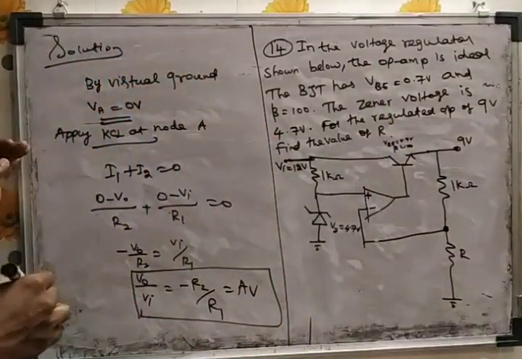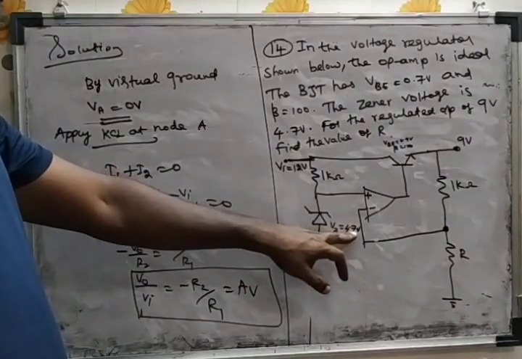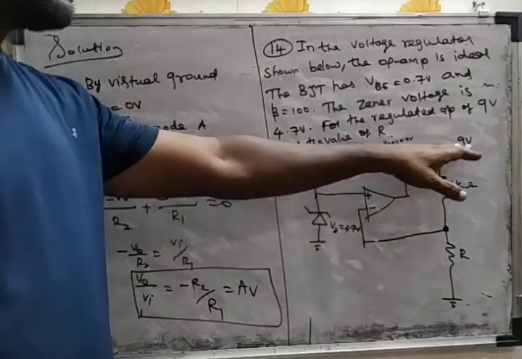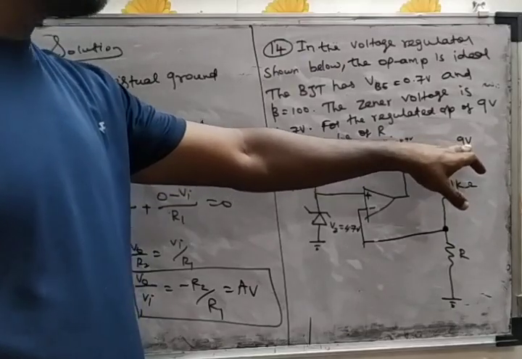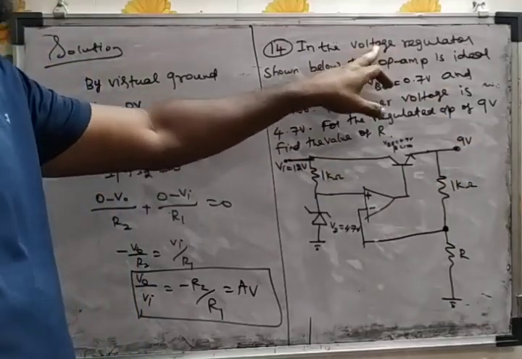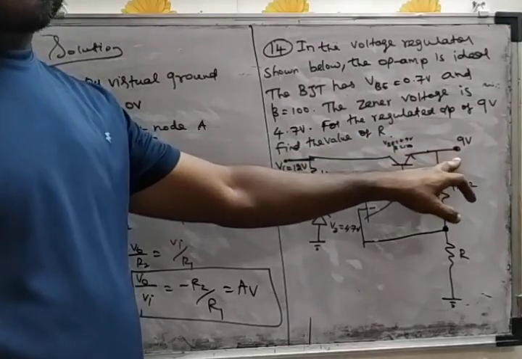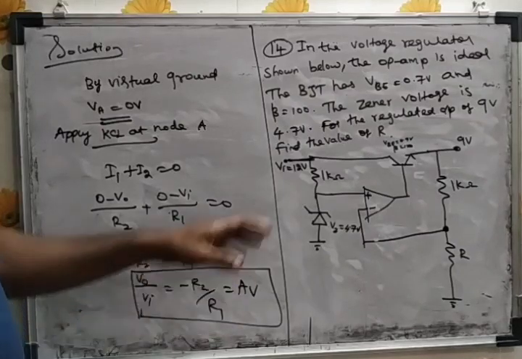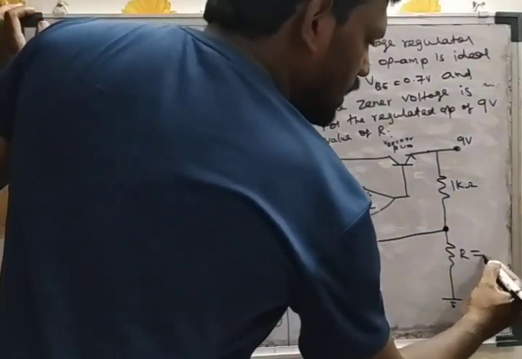The Zener breakdown voltage is 4.7 volt. For the regulated output of 9 volt, since it is a voltage regulator circuit, it produces a constant 9 volt output. So find the value of R. We have to find this R value.